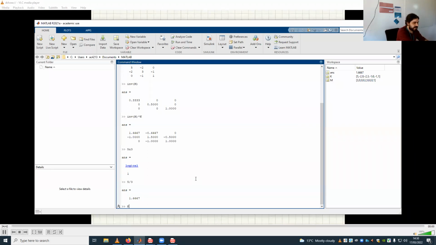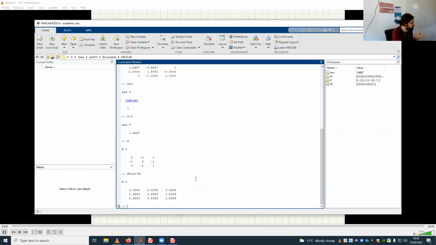So this is K, so I'll find that H is the inverse of K. In this case, we must let MATLAB do the inverse of K because we need the numbers inside that inverse of K. See, that's exactly 1/3, 1/3, 1/3, 1/3, 1/3 plus 1/2, 1/3, 1/3 plus 1/2, 1 plus 1/3 plus 1/2. That's exactly what we had.